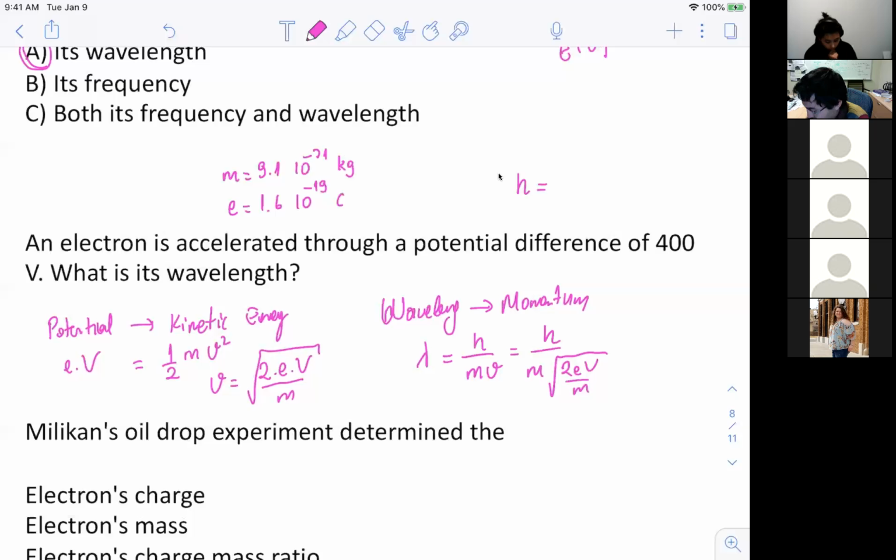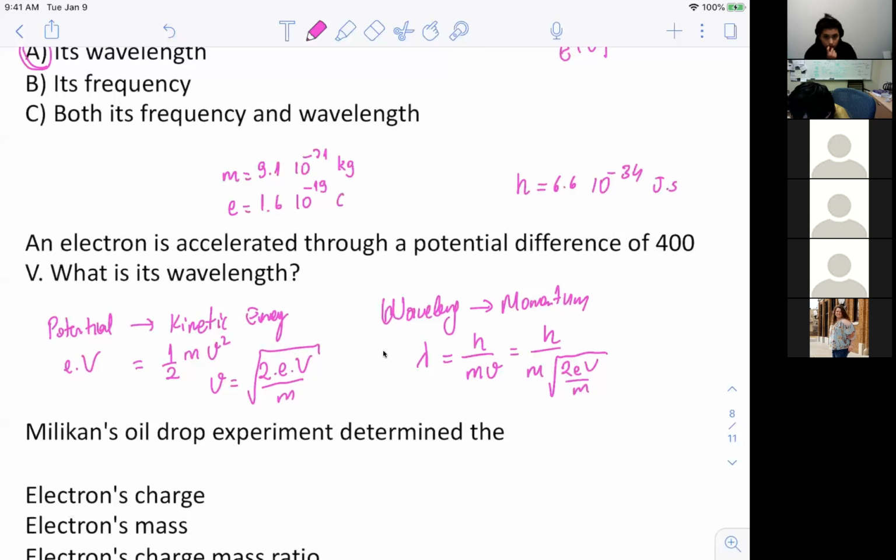The Planck constant is 6.6 times 10 to the minus 34 joule seconds, which you will be given in the exam.